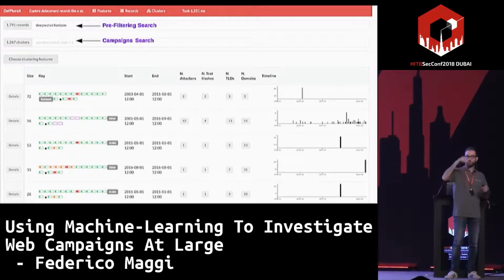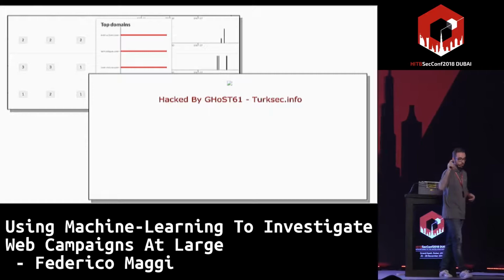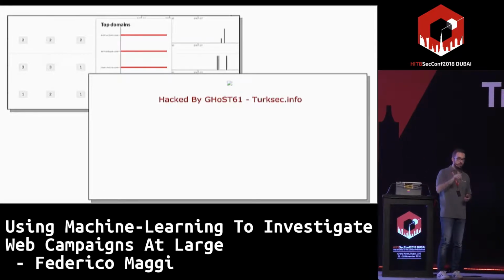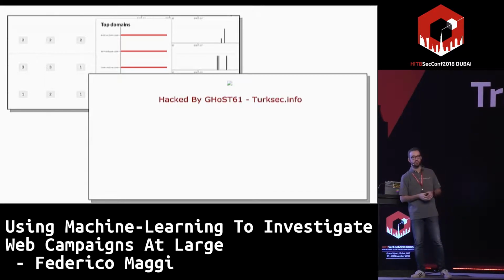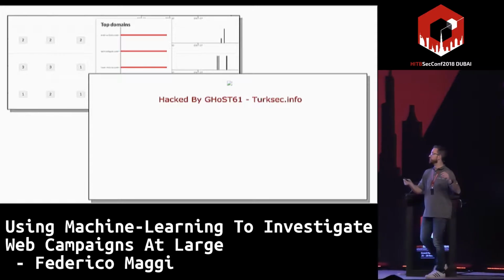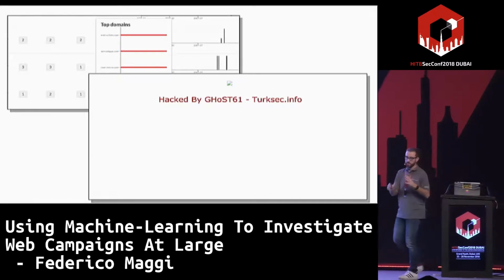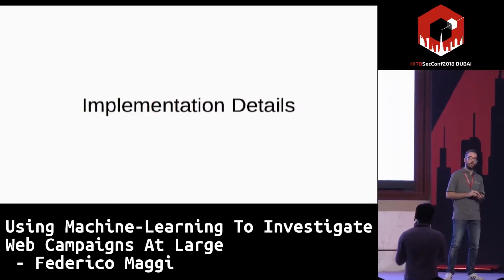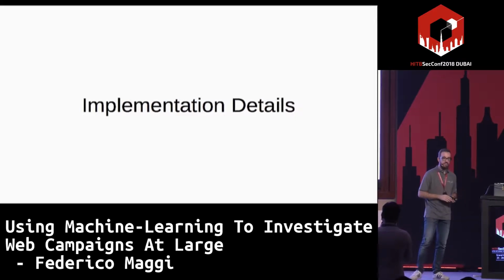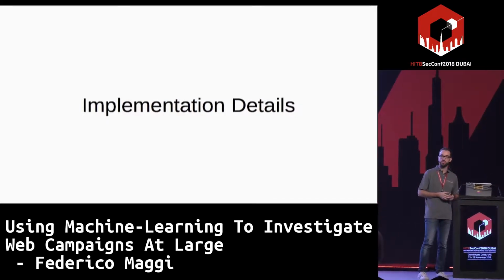And you can, of course, scroll and hover, and you will have contextual information. If you hover over the numbers, you can see the breakdown of the domains. If you hover over the TLD, you can see the breakdown of the TLDs. If you hover over the screenshot, you can see the screenshot of one of the pages expanded. So it's an interactive exploration tool. I hope I've enticed you by now to be curious about what the implementation details are.